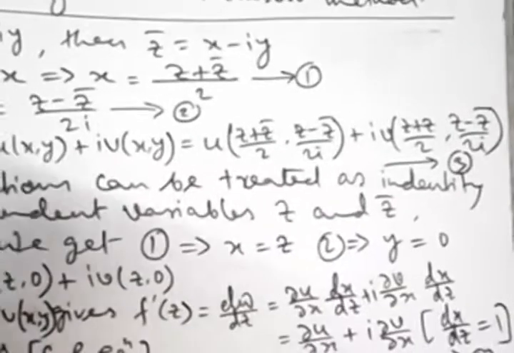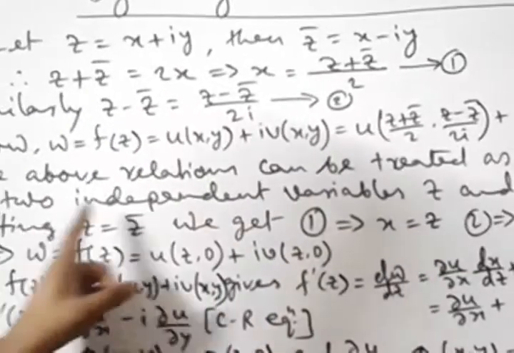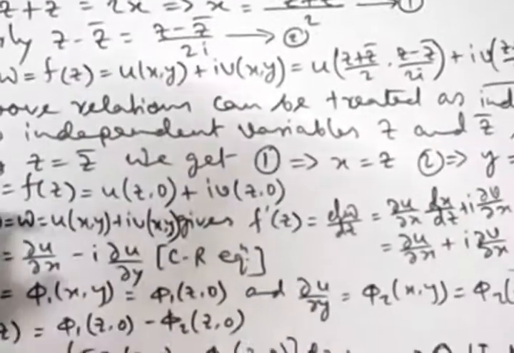So now, considering all these 3 relations as identities in 2 independent variables, if we consider z and z bar as 2 independent variables, then we can set z bar is equal to z.